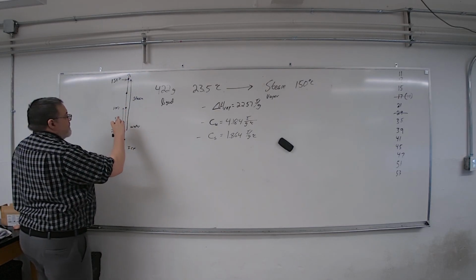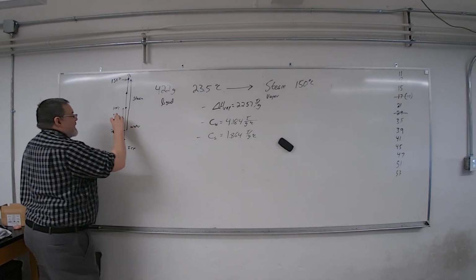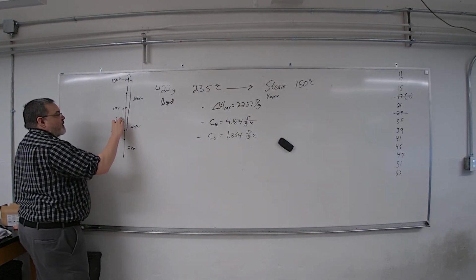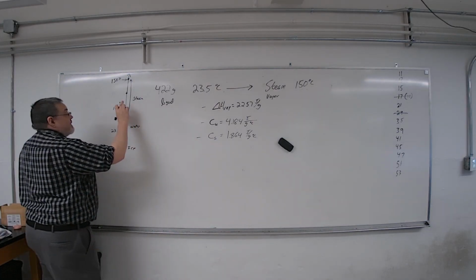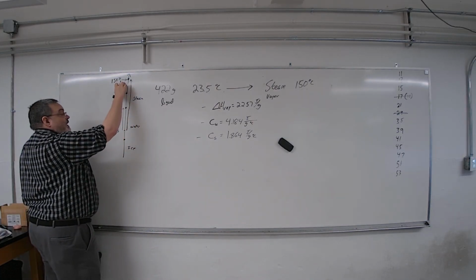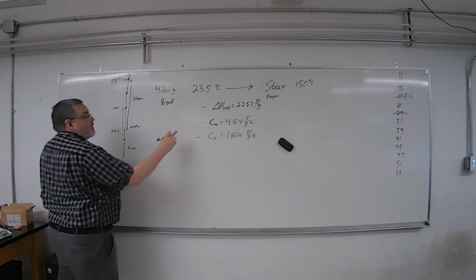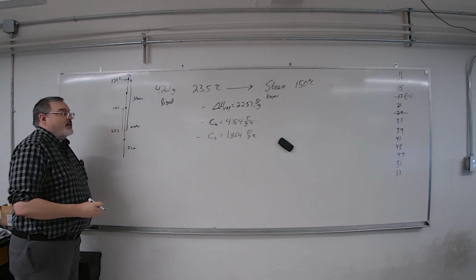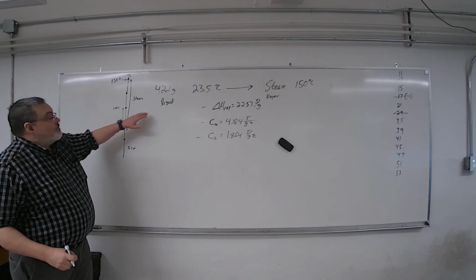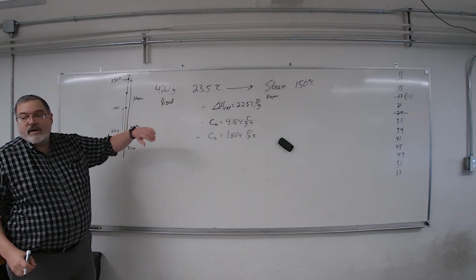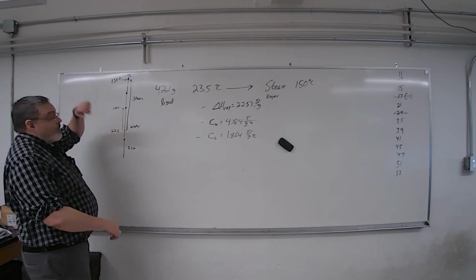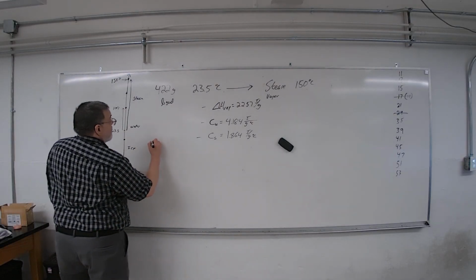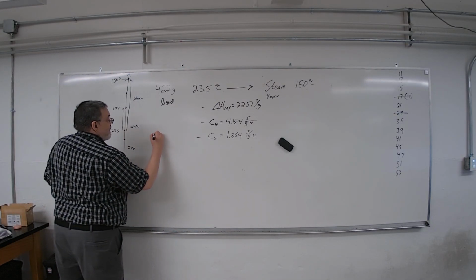So we're going to use the specific heat of water to calculate 23.5 to 100. And we're going to use the specific heat of steam to go from 100 to 150. And then for this transition point, we're going to use this to find out how much heat it takes to boil 422 grams of water. You follow me? So the way this will work is, let's start here.